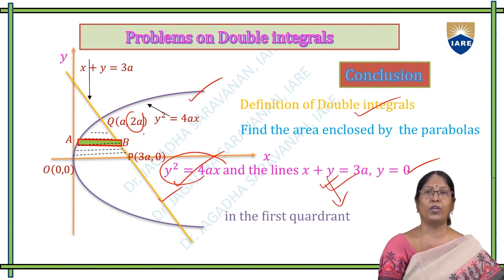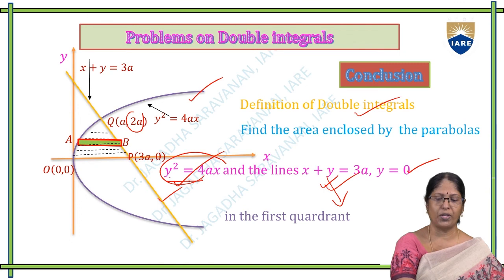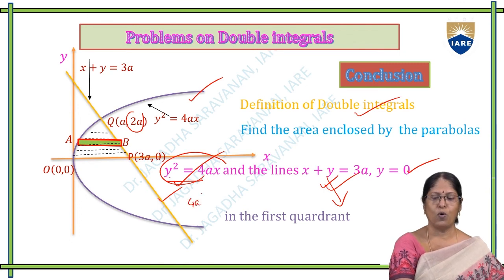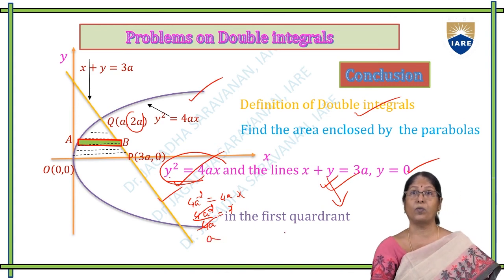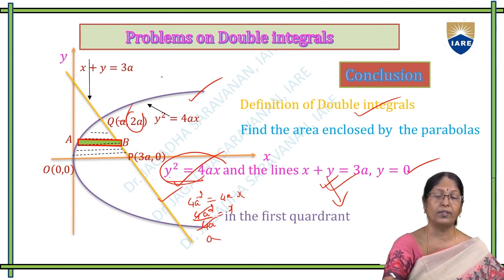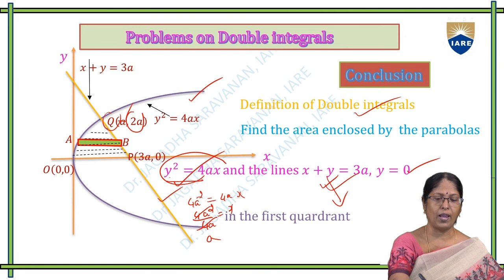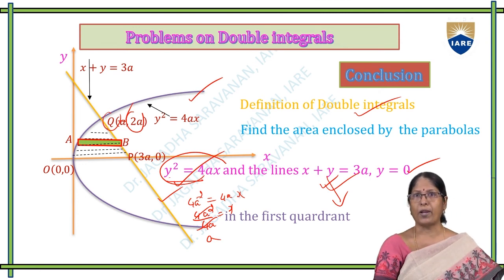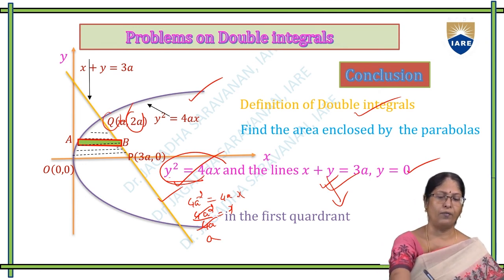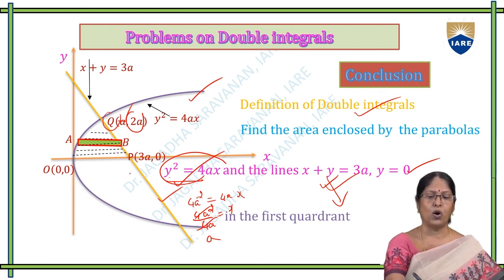After getting 2a, we can substitute here also, that is 4a square equal to 4ax. So 4a square divided by 4a equal to x, so cutting we are getting x equal to a. That's what we can see, a comma 2a. We are getting this point Q. So the P and the Q, how we obtained them also we discussed, and we have drawn a line joining this P and Q.